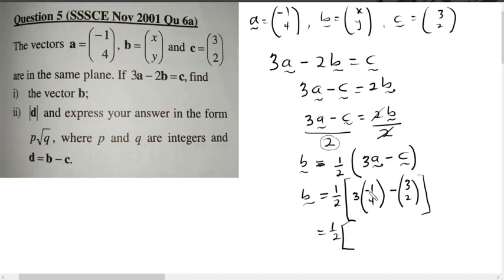This scalar is multiplying this vector. It will multiply the x coordinate and the y coordinate as well. So for the first one, we have 3 times negative 1, that is negative 3, and 3 times 4, we have 12. Here we have minus, so let me put this in brackets still, minus (3, 2).